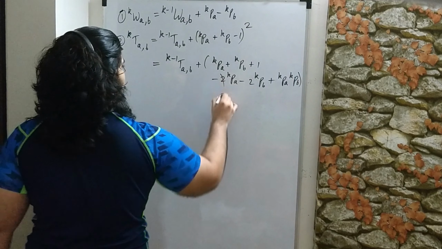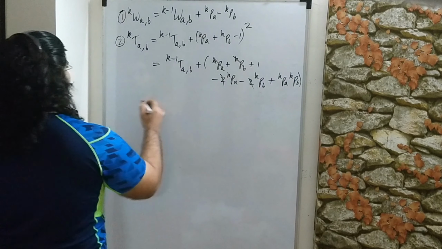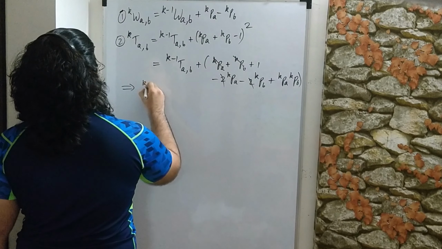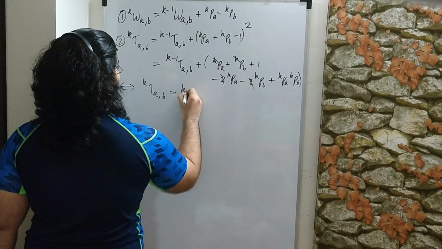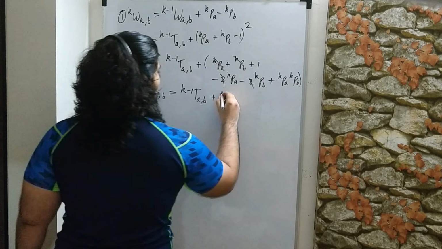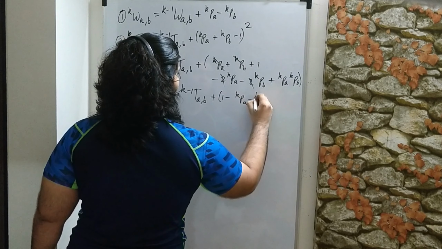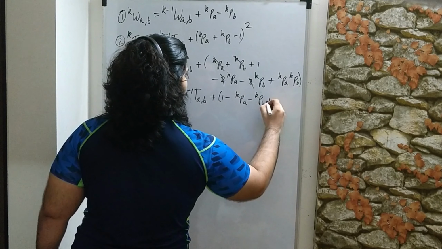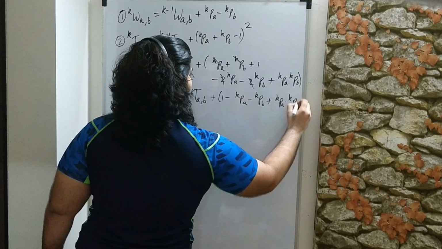And now of course we can do some simplifications, and the final formula we get for this T is k minus 1 TAB plus 1 minus KPA minus KPB plus KPA times KPB.